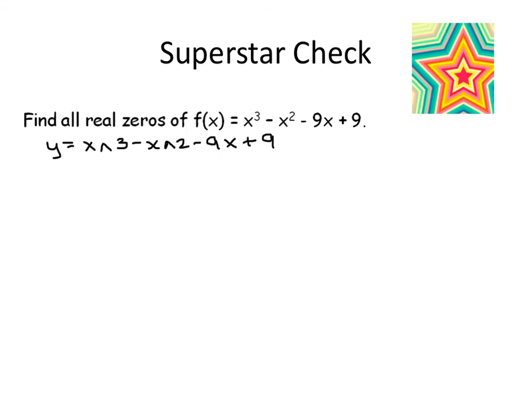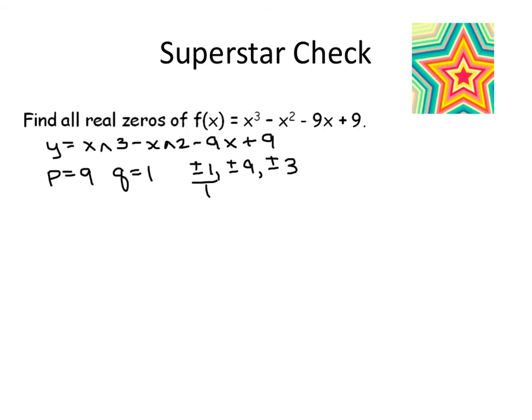So I'm going to pretend like I don't have a graphing calculator. I'm going to do it using the p's and the q's. So p is equal to 9, q is equal to 1. So I have all the factors of 9: plus or minus 1, plus or minus 9, plus or minus 3. I don't have to write the 3 twice, even though 3 times 3 is 9, because I already wrote it down.